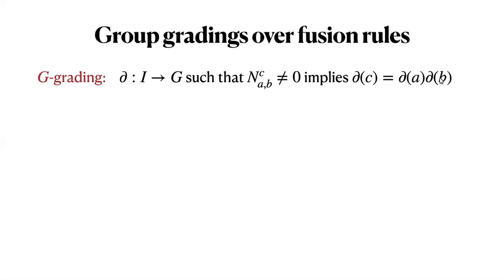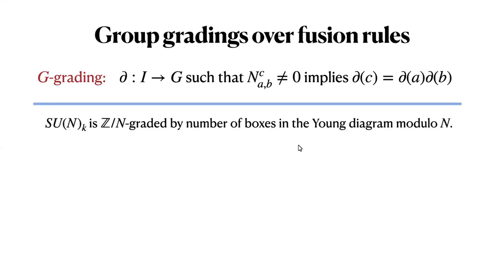So that means that the product will appear in the component associated with the product of the group. For example, SU(N) level K is graded. And the grading can be described as the number of boxes in the Young diagram. That's one way to describe it.